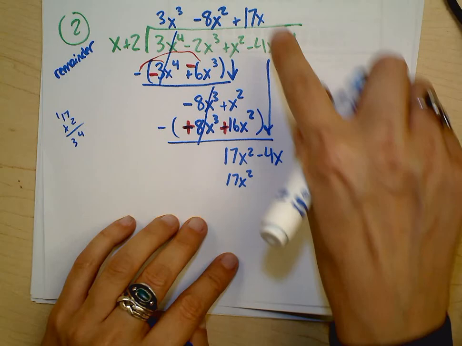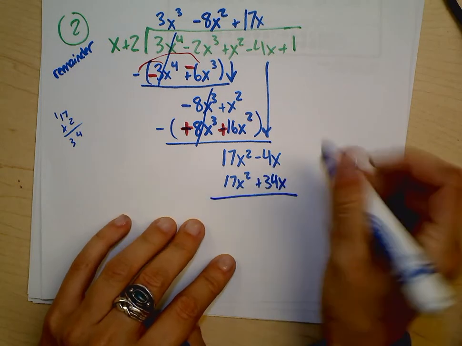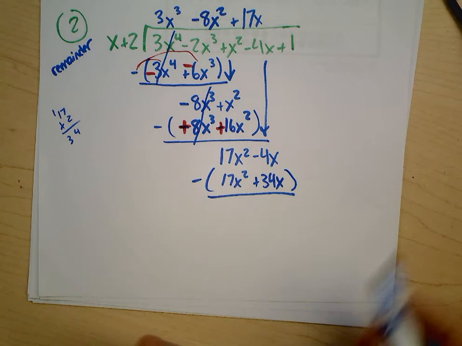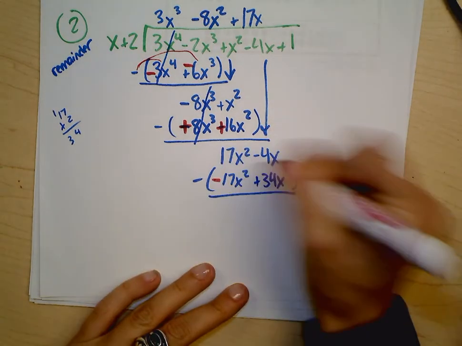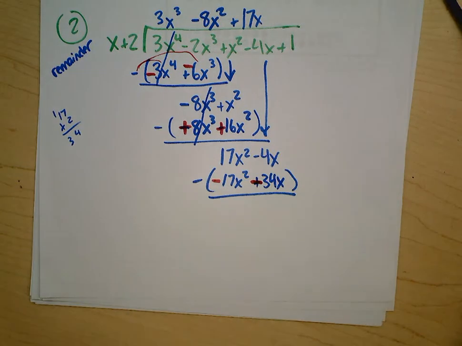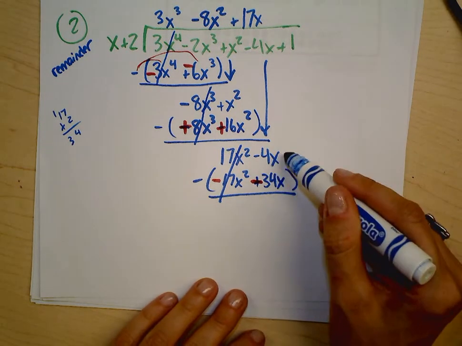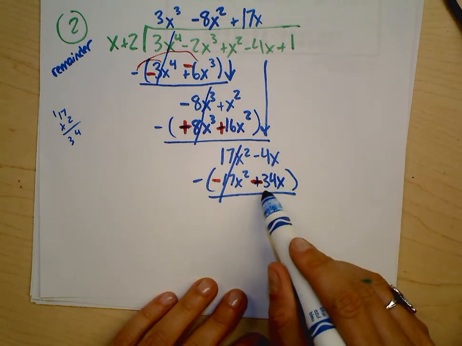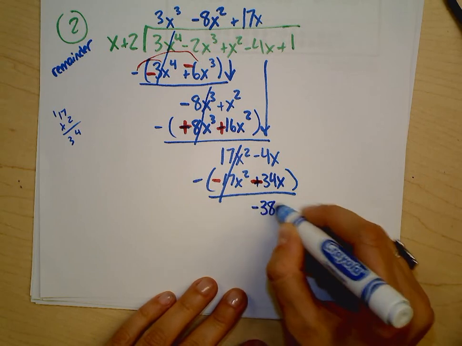So I'm going to have plus 34x. Set up my minus parenthesis, but after I distribute that negative, I'm going to get a negative 17x squared and a negative 34x. So these cross out. Negative 4x minus 34x is going to give me negative 38x.